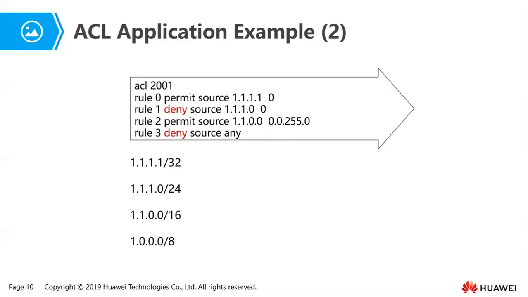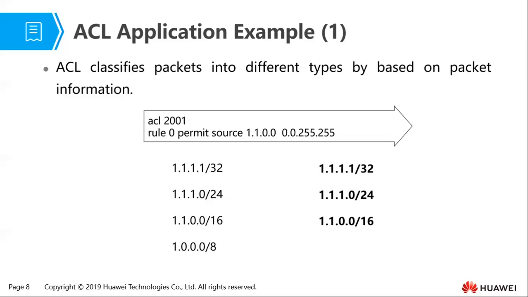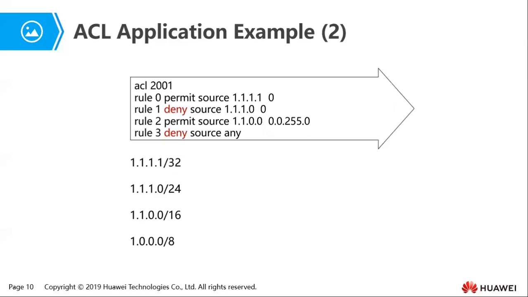Okay, so here we're just showing you the networks that this rule is actually going to allow. Let's look at another example. Here we have a basic ACL again. Rule 0, permit source.